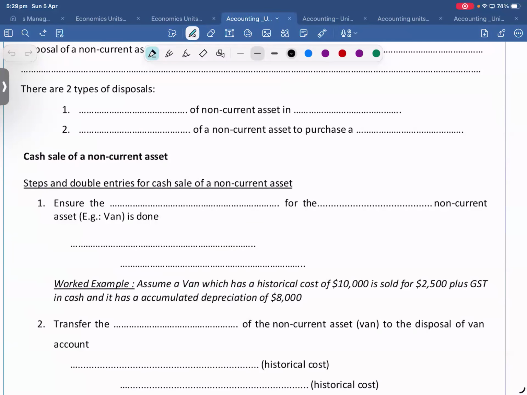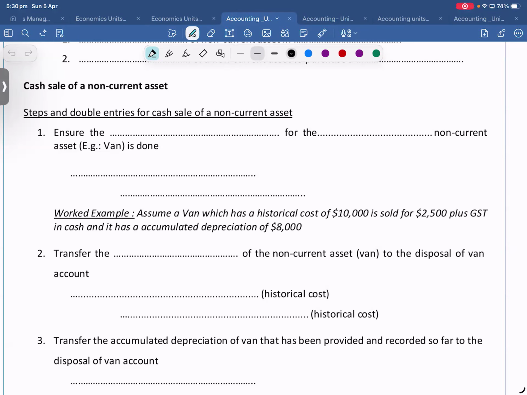I haven't seen it so far. This methodically, you won't get the double entries, even in the textbook. So learn it from here, and if you get it perfectly, you don't have to worry about the disposal. Shall we start?